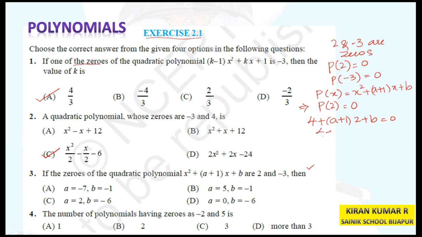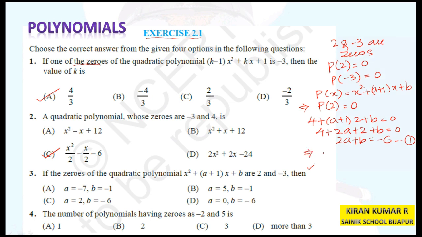So 4 plus 2a plus 2 plus b equal to 0. So 2a plus b equals minus 6. This 2 plus 4 becomes 6. So when transposing, it becomes minus 6. So this is our first equation. Let me call this equation number 1.